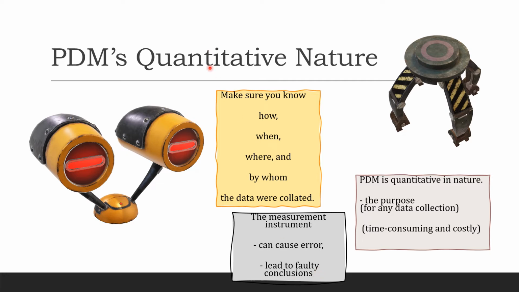And this is the reason why it is quantitative in nature. We look at the purpose for any data collection, and the whole thing for PDM is very time consuming and also costly. That's why we always take a look at the cost-benefit analysis.